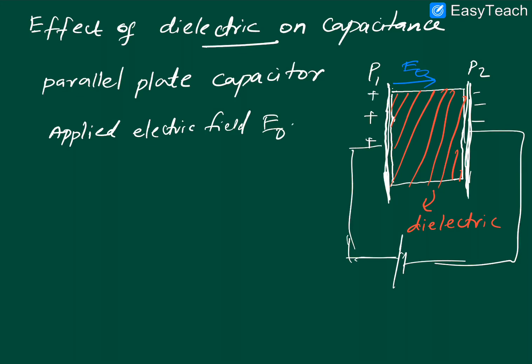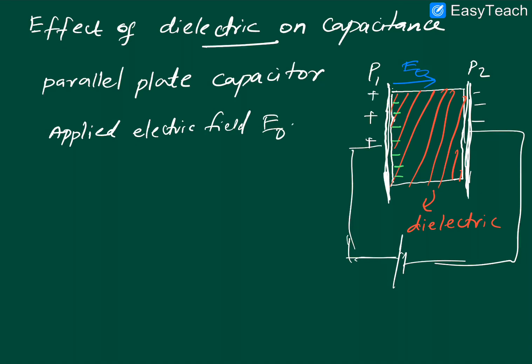When electrons are attracted towards the positively charged plate, all the electrons in your material will move and accumulate near the positively charged plate. I am using a negative sign to represent electrons.